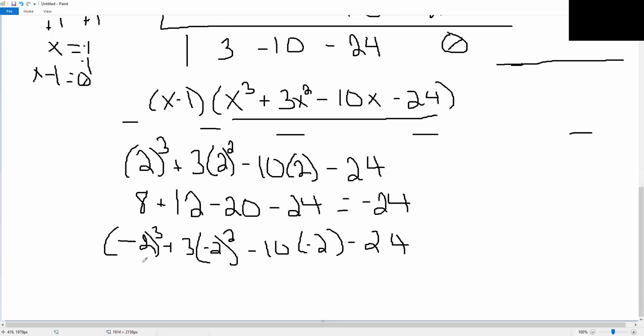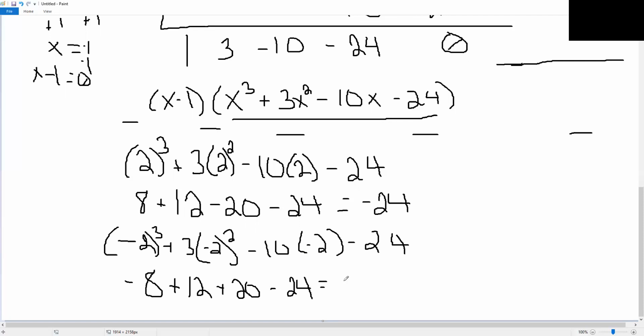So negative 2 cubed, negative 2 times negative 2 times negative 2 is actually negative 8, plus 3 times negative 2 squared, negative 2 times negative 2 is 4. This is 12. This is actually plus 20 now. And this is minus 24.